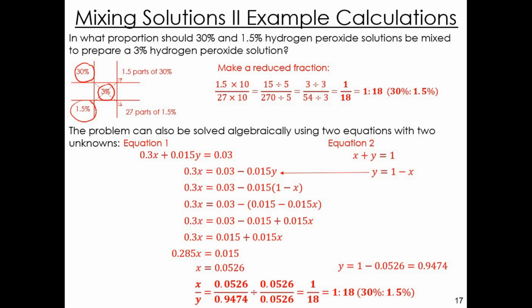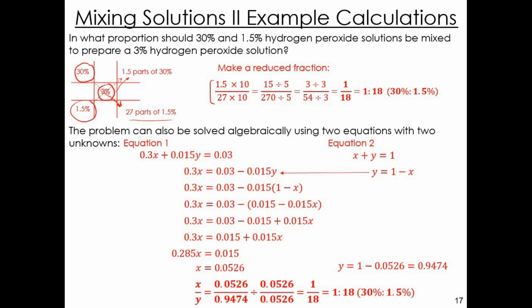We can subtract 1.5 from 3% to find that we need 1.5 parts of 30%. We could subtract 3% from 30 to see that we need 27 parts of 1.5%. And so a 1.5 to 27 ratio of 30% to 1.5% is what's needed.